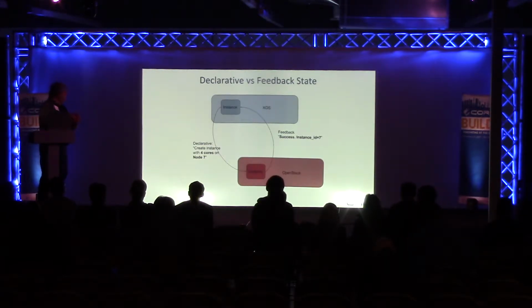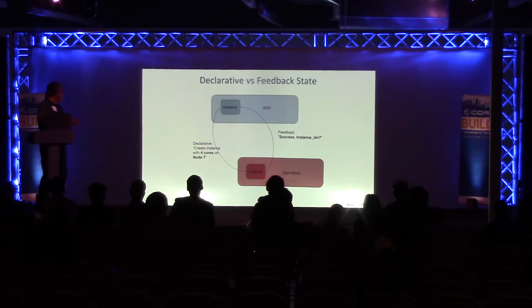Now I have a picture of this which basically illustrates what I just said. Say we have the instance model in XOS. There will be a corresponding instance in OpenStack. Those constructs kind of mirror one another. And your declarative state would be that you want your instance to have 4 cores and you want it to be located on node 7.